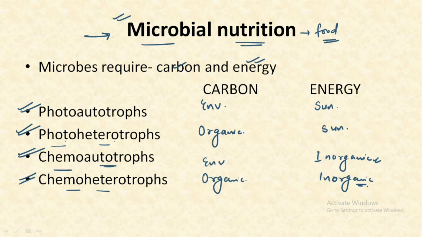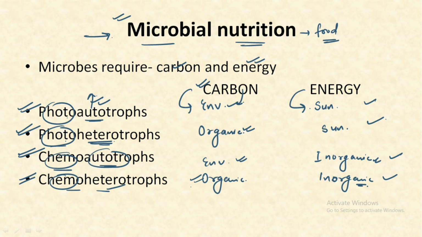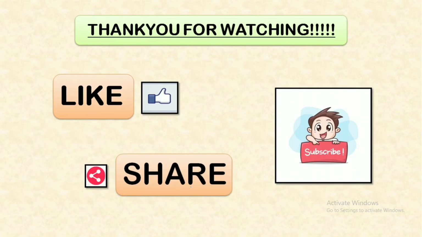So these are the important sources of nutrition that microbes use. Make sure you remember which category takes up carbon from which area and energy from which area. So this is all about microbial nutrition and the complete microbial physiology in total.